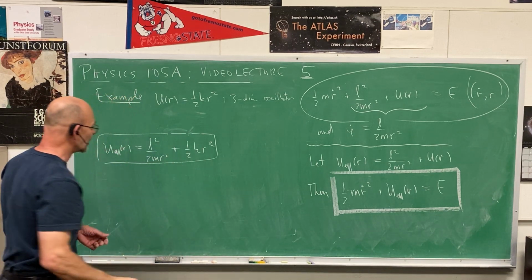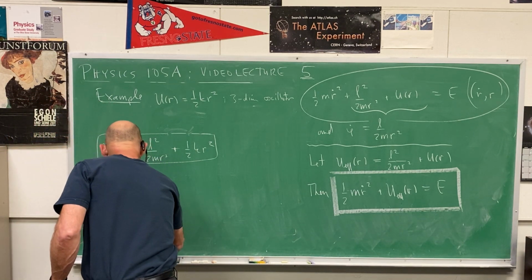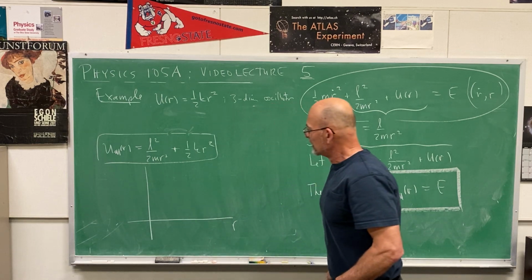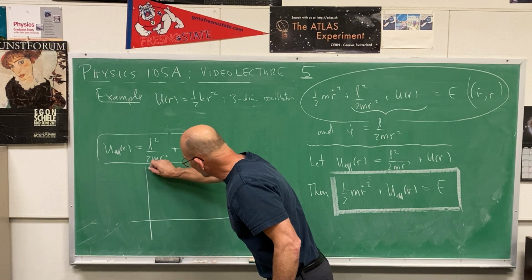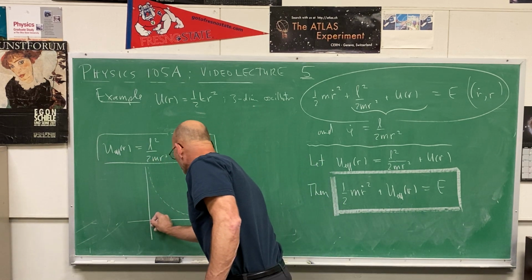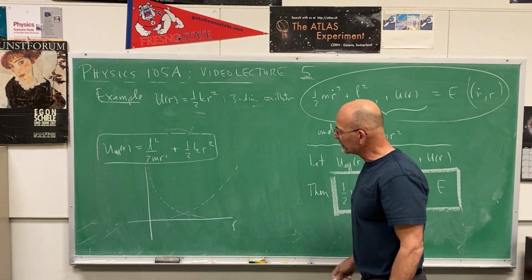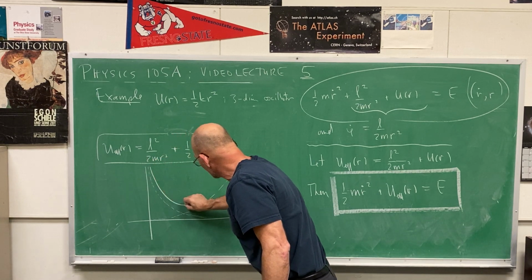What does this graph look like? Well, we have done things like this before. We have our 1/r squared dependence, and we have our quadratic dependence like this. And if you add those two curves, you're going to get something that goes like so.